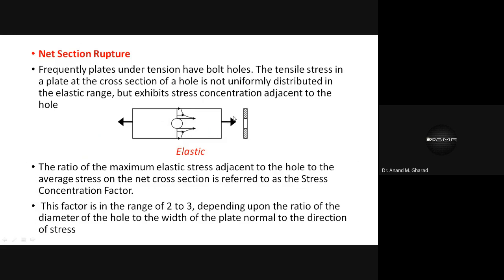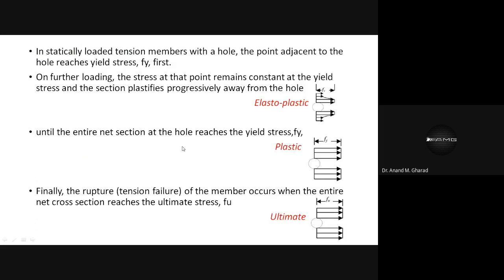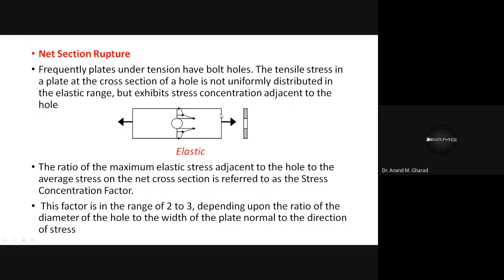Now, if this amount of pull is increased, what will happen? Slowly, in statically loaded tension members with a hole, the point adjacent to the hole reaches the yield stress first. That means with the increase in the amount of pull, and this load, what I am talking about, it is static load.